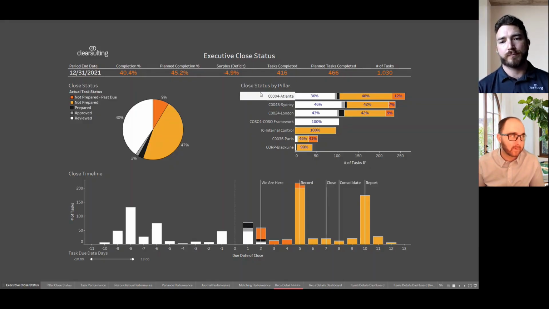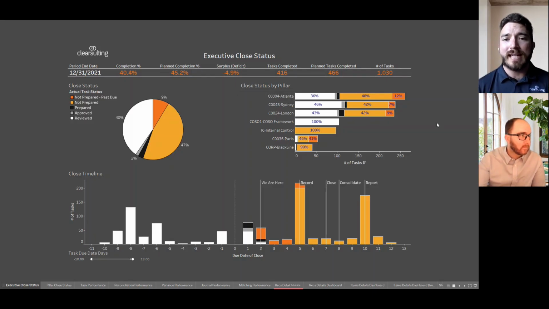That's where something like this really shines, because we have the ability to slice it by any dimension that we capture in our Record to Report technology. Said a different way, as long as the data can be fed into a tool like this, we can slice by those dimensions and provide these landing pages to really get at the heart of the information that'll be most meaningful for you as a decision maker.